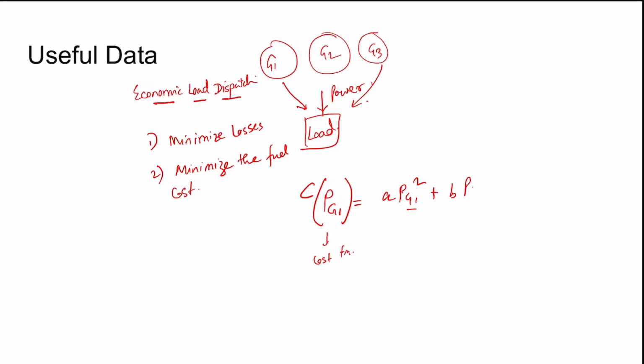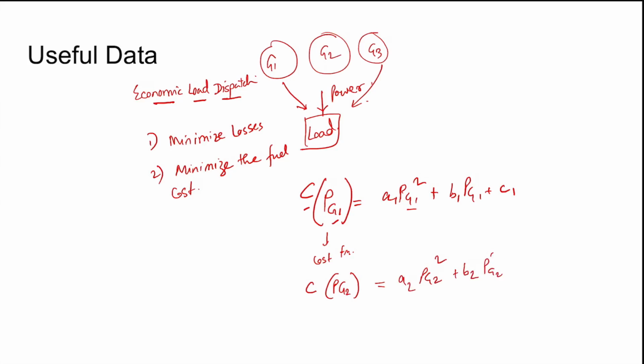Similarly, the cost function for generator G2 to generate Pg2 amount of power can be written like this.